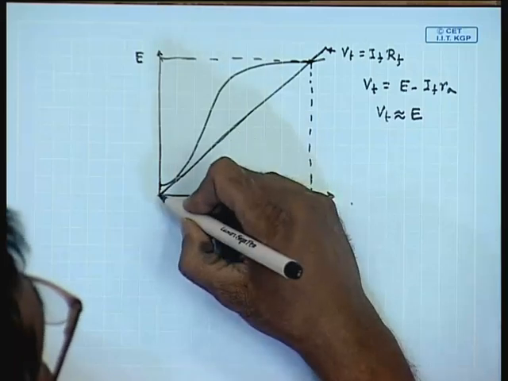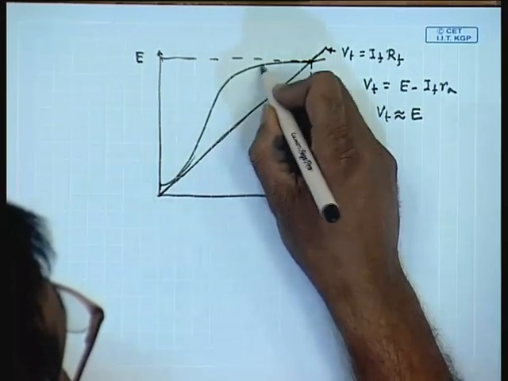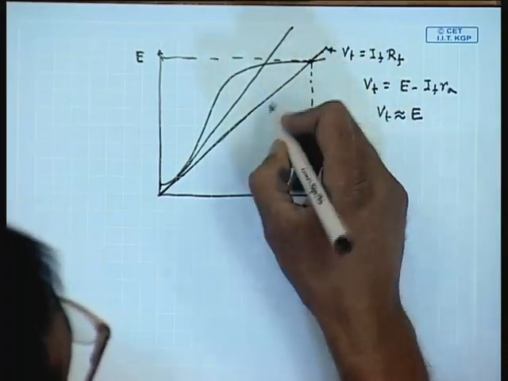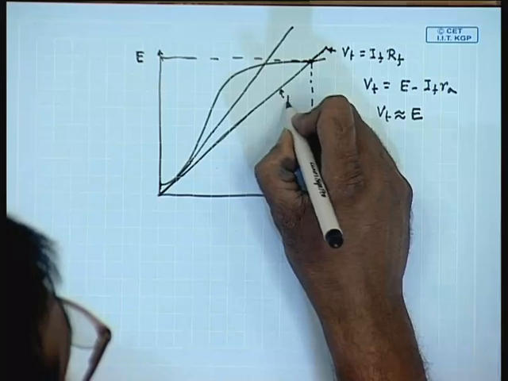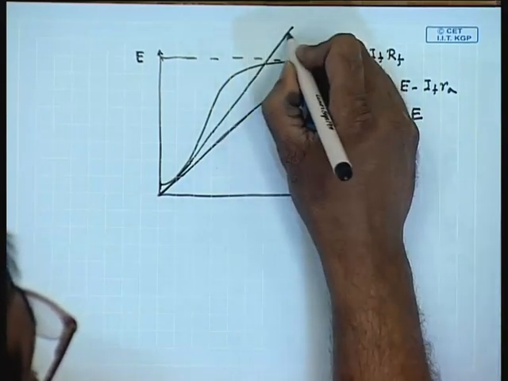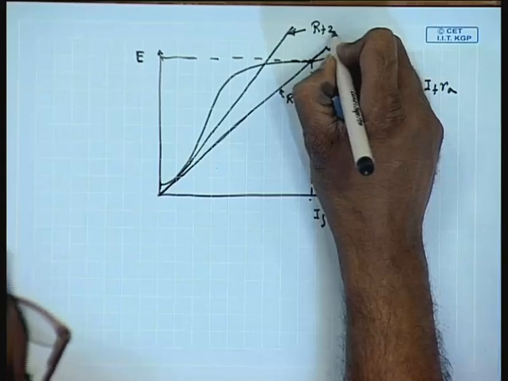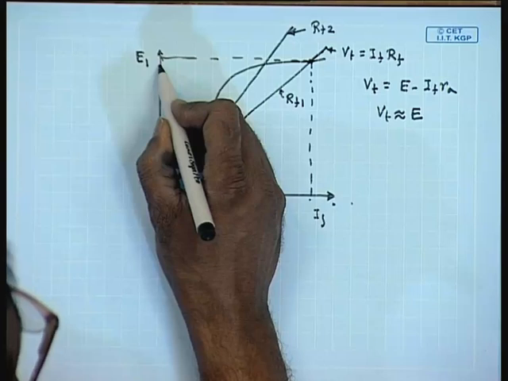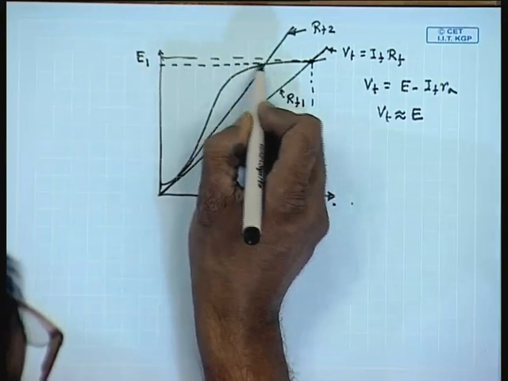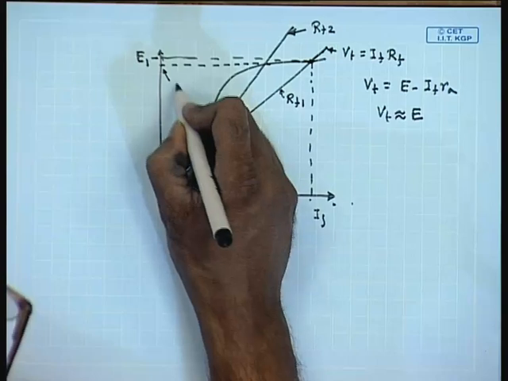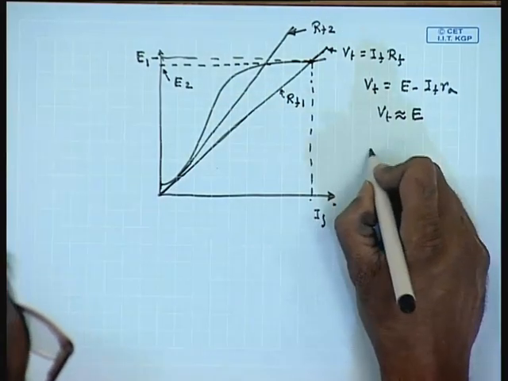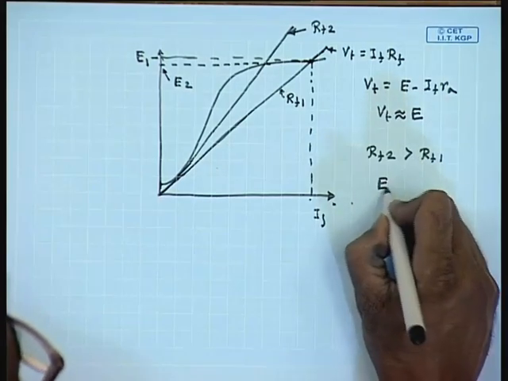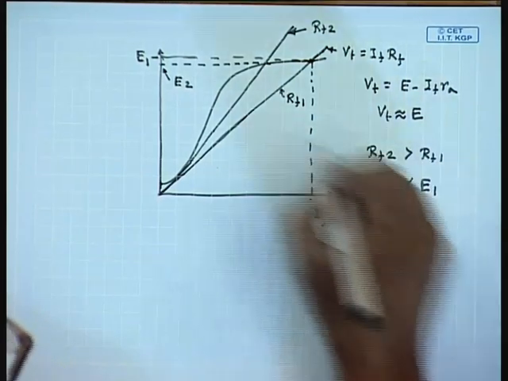For example, if the field winding resistance is increased, this is Rf1, this is with Rf2, then the terminal voltage of the machine at no load will change from E1 to E2, and if Rf2 is larger than Rf1, E2 will be smaller than E1.